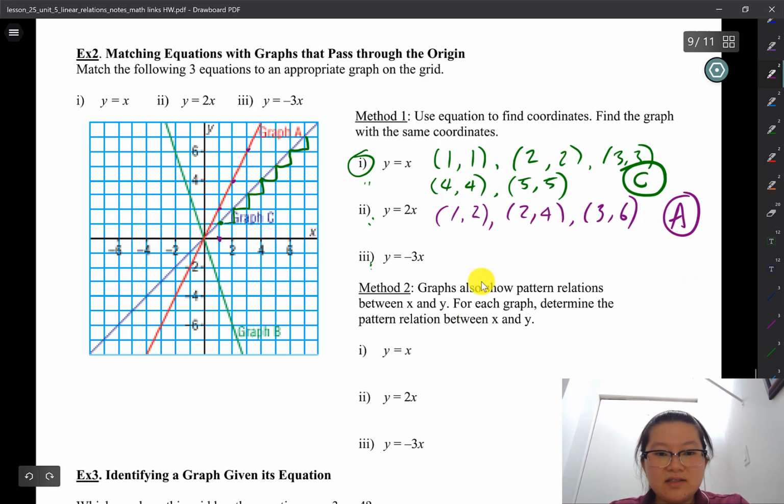Now this is in contrast to graph C. Notice my graph A is steeper, and notice that the difference between the equations was that I have a larger coefficient in front of my x value. So somehow having a number in front of my x value gives me a steeper slope. If you know the slope y-intercept form of the equation, you know exactly why it is the way that you see it.